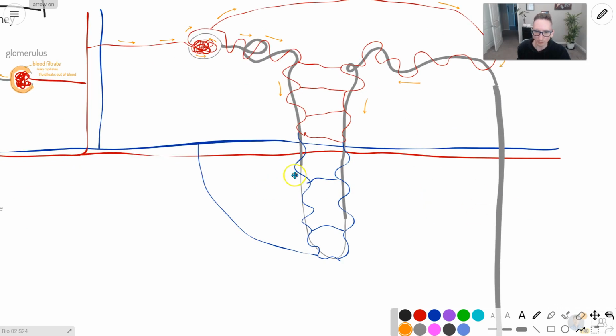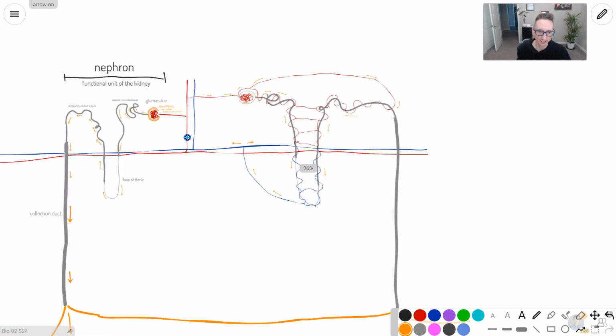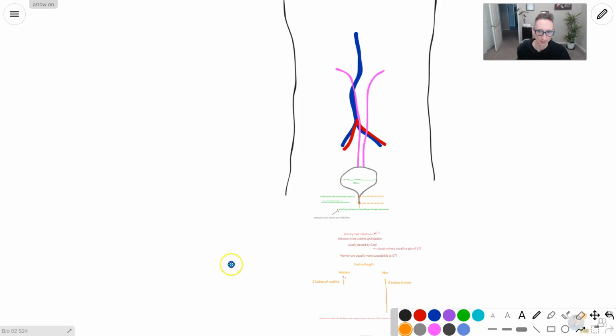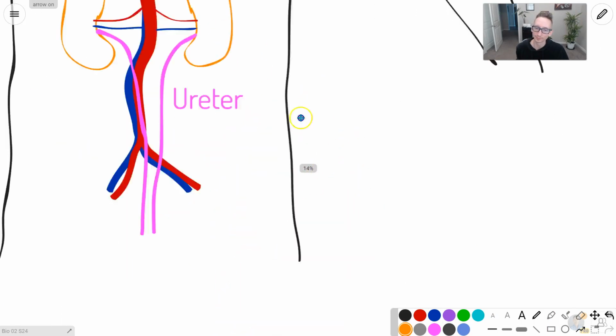And there's even more over here. It's everywhere. And then it's going to come down here, and then go up here, and then go that way or this way and exit the kidney. Let's go back over to here. It's going to come out of the kidney and go back up towards the heart.